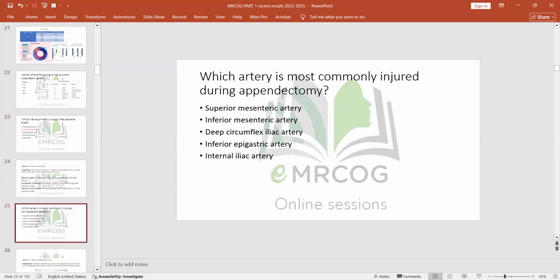Okay, which artery is most commonly injured during appendectomy? I think we are now solving 2024. The deep circumflex iliac artery. Yes, excellent.